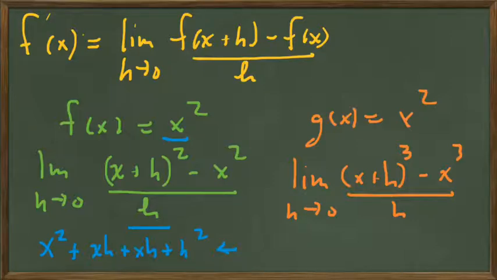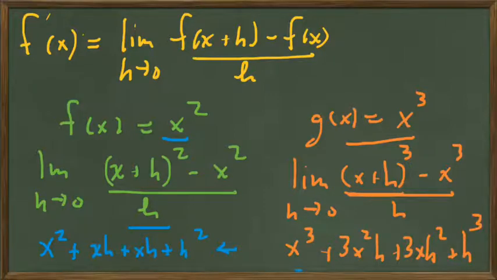If we had to find the derivative of g of x equals x cubed, what we would have to do is expand the expression x plus h cubed, which would be this expression right here, but as you can see, if the power on x plus h gets bigger and bigger and bigger, that becomes more and more time consuming.